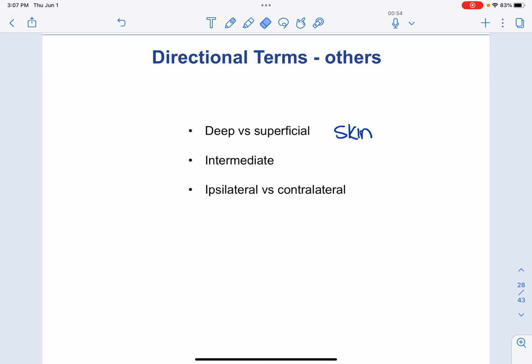And then lastly, we have ipsilateral versus contralateral. Ipsilateral is referring to being on the same side of the body, and contralateral being on opposite sides or different sides.